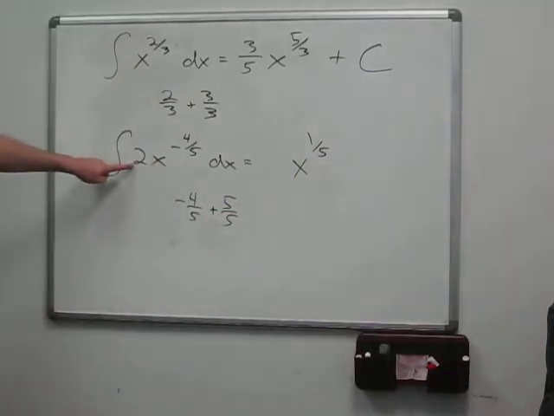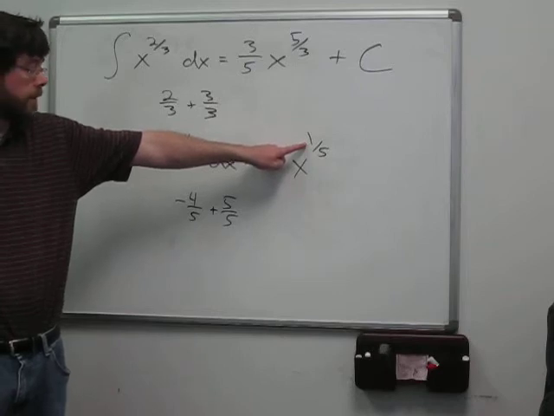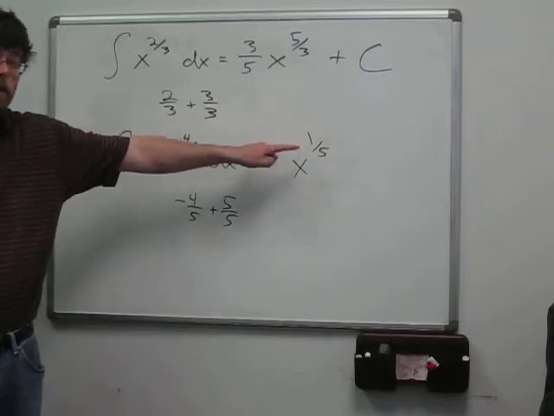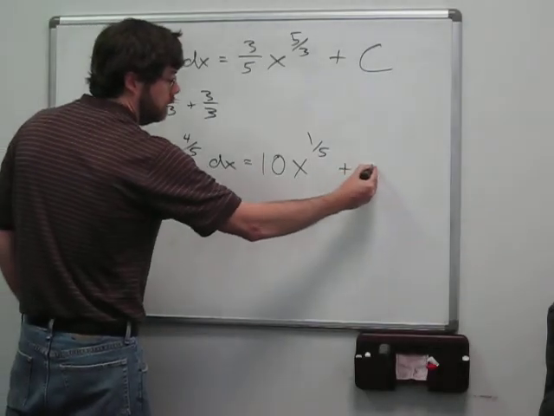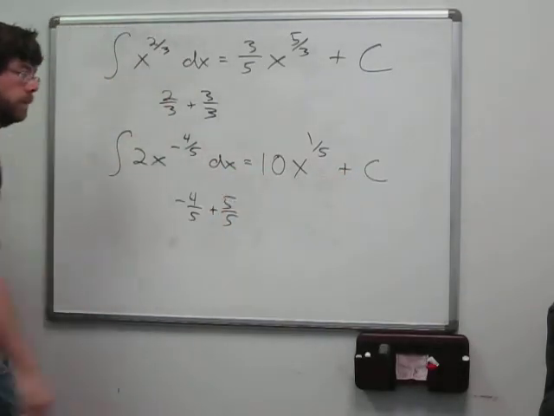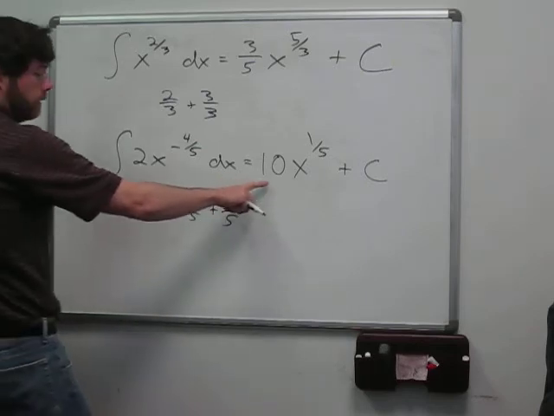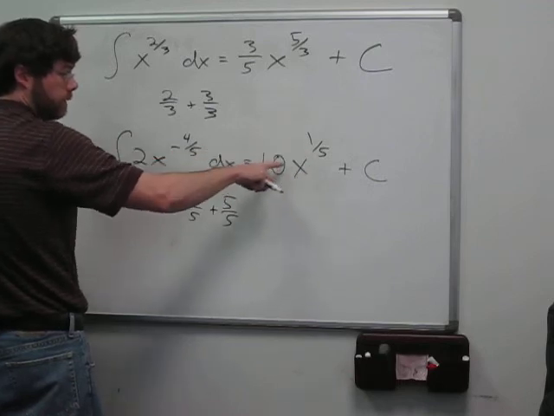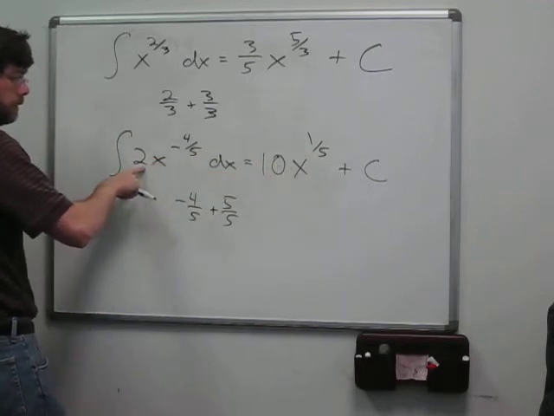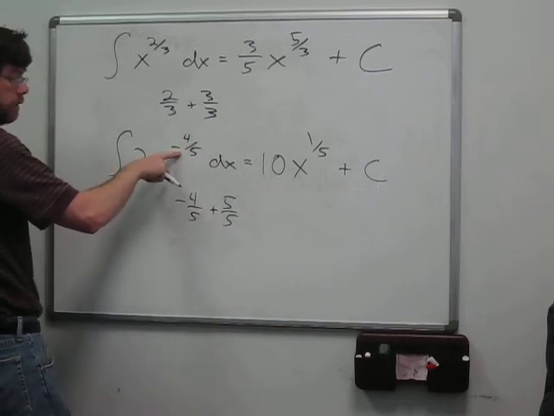I want to divide 2 by this new power. 2 divided by 1/5 is the same as multiplying 2 by 5. So my coefficient here should be 10. And again, this checks out. If we check our work, take the derivative of this right side. 1/5 times 10 is 2. 1/5 minus 1 is a -4/5.